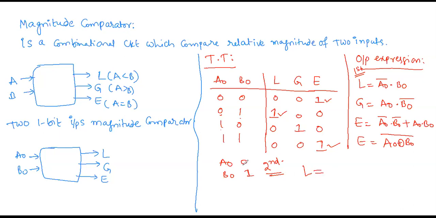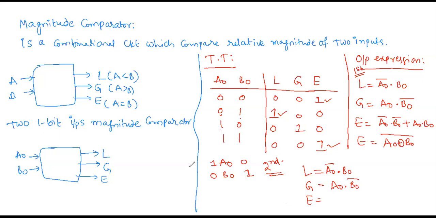So A0 is 0, so make it a bar, and B0 is 1, so write B0. Next, greater. When will greater than be 1? When A0 is 1 and B0 is 0, so A0 times B0 bar.